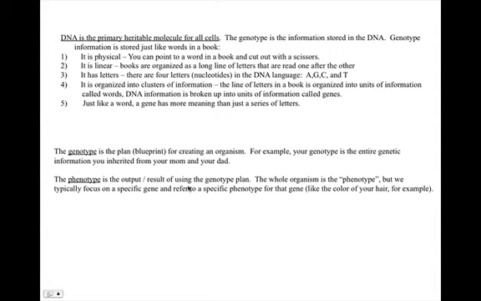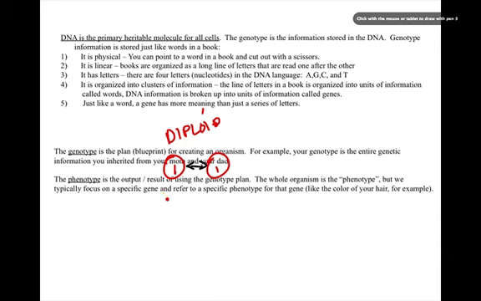And a key concept is that in a diploid cell, of which most of yours are, you've got one copy of mom's DNA and one copy of dad's DNA. They stay separate, but in the phenotype, they tend to blend together to get a blended outcome.